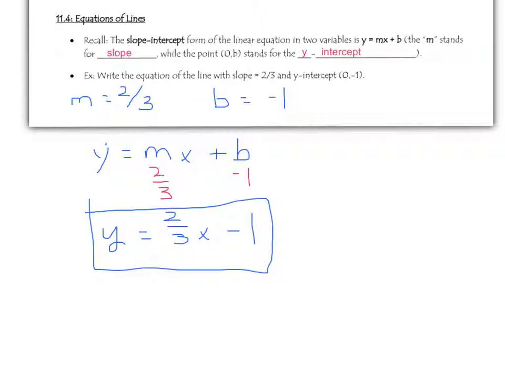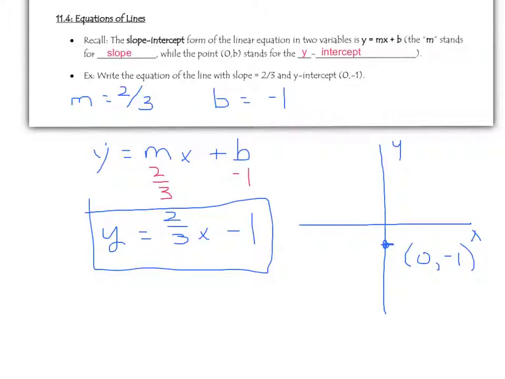Okay, I want you to notice something really important in terms of nomenclature. b is -1, so if you graphed this line, you would have the x and y axis, you would go to -1 and plot a point there. But the point is not -1, the point is (0, -1).